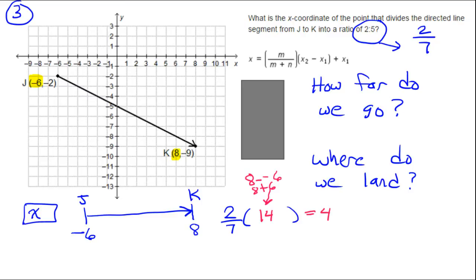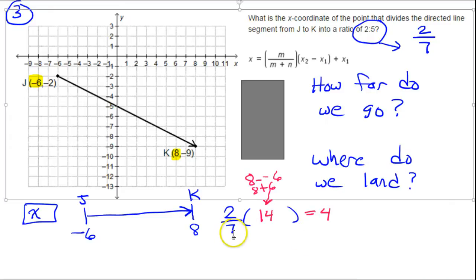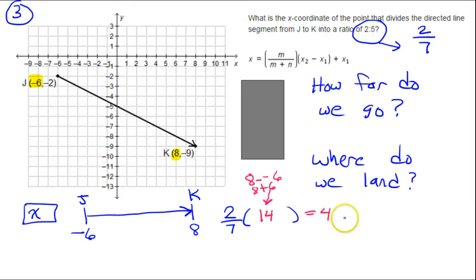But if you could not do that in your head, you could use a calculator and do 2/7 of 14, and you see that's going to be 4. The way I did it in my head, I saw that 7 goes into 14 twice, and 2 times 2 is 4. So this tells me how far we're going to go. It even tells me that I'm going to the right because it's positive.